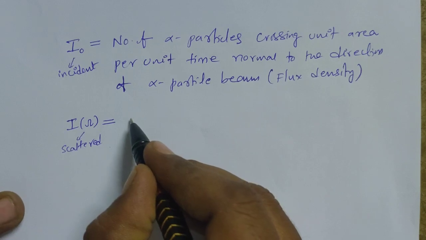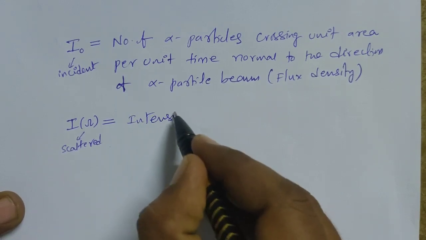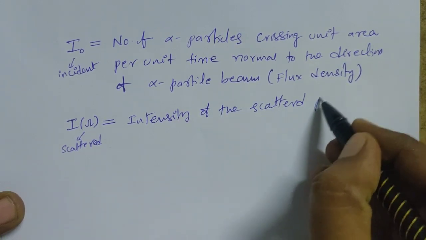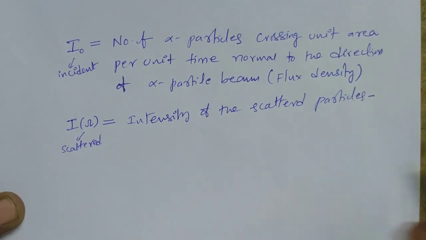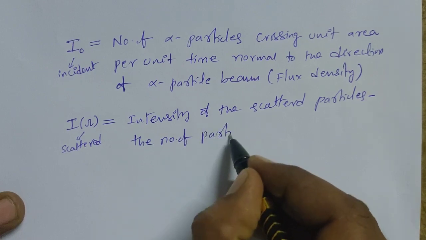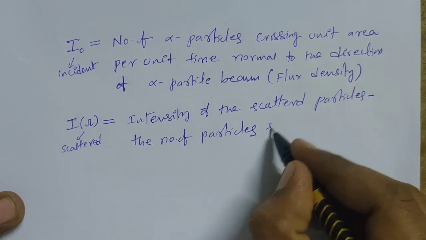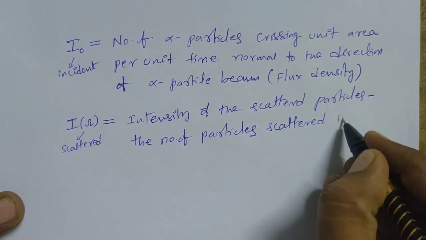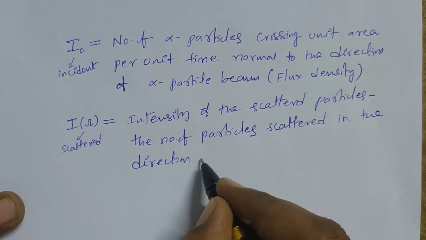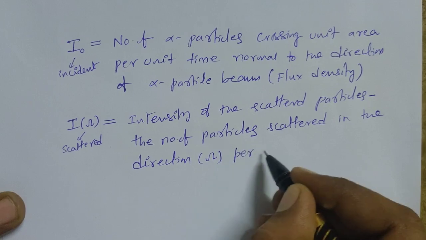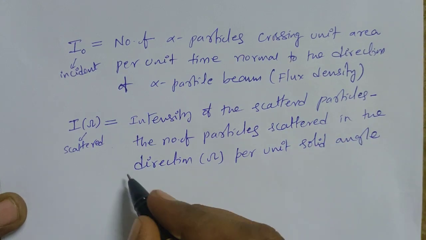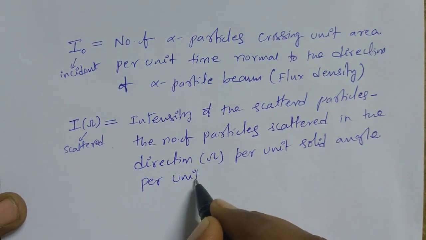So I define it like this: intensity of scattered particles, that is the number of particles scattered in a direction, per unit solid angle, per unit time.